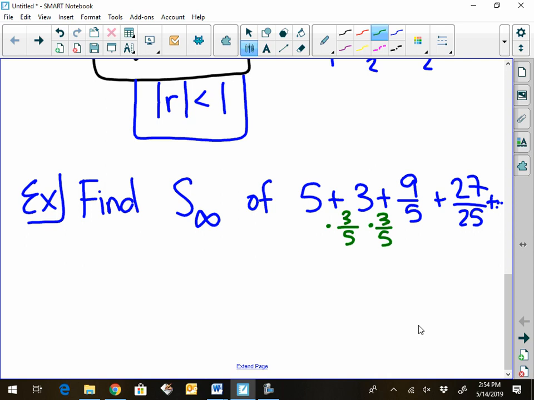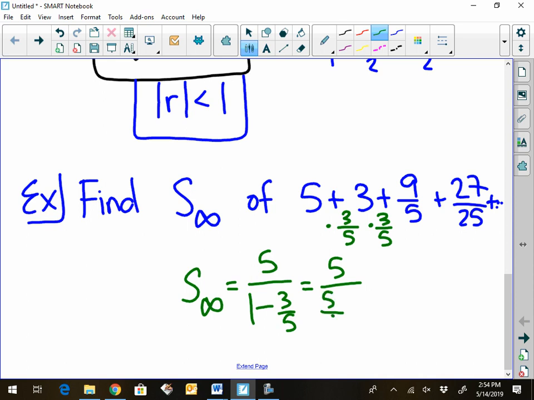So if we look at our s sub infinity for this one, then we need our first term, right? So our first term is 5 divided by 1 minus our ratio. So our ratio here, remember, was 3/5. So we'll simplify. We get 5 divided by 1 minus 3/5. You don't have to show this step.